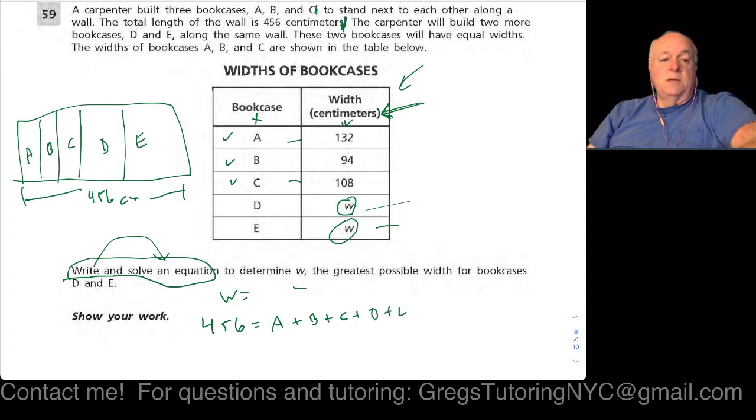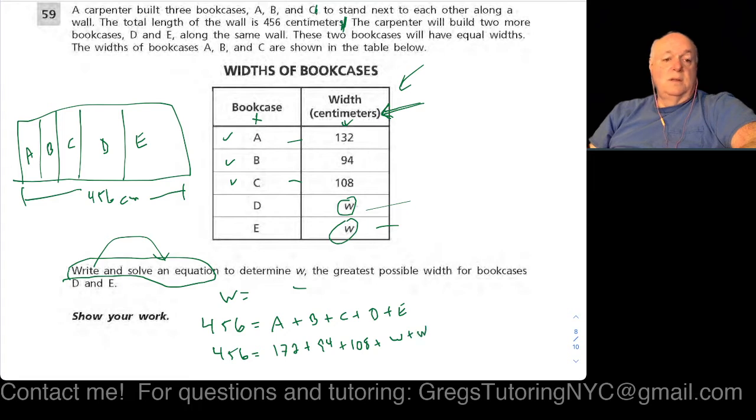So if we plug those in, we get 456 is equal to 132 plus 94 plus 108 plus W plus W. Okay?